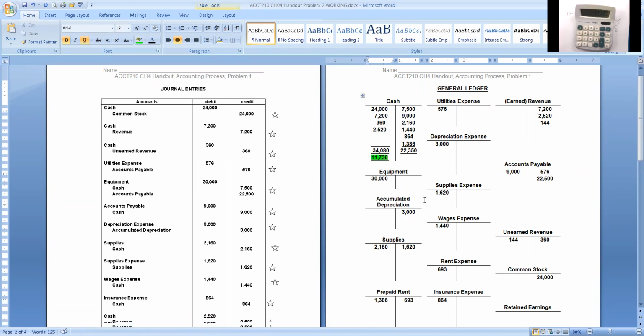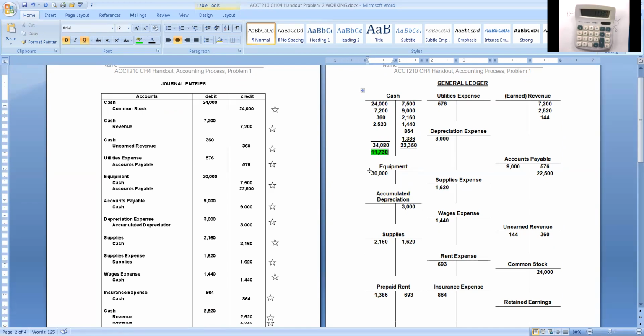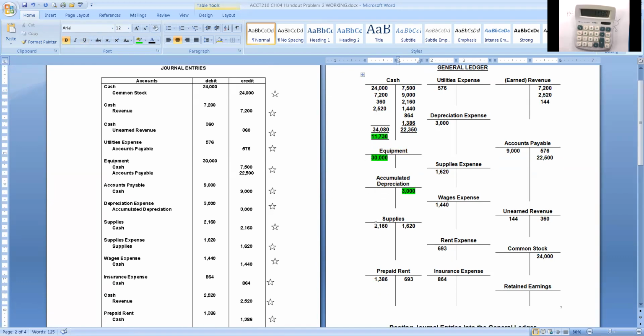Okay. So we had 11,730 for our cash. Some of these accounts just have one thing in them. Supplies. We have 22,160 minus 1,620.